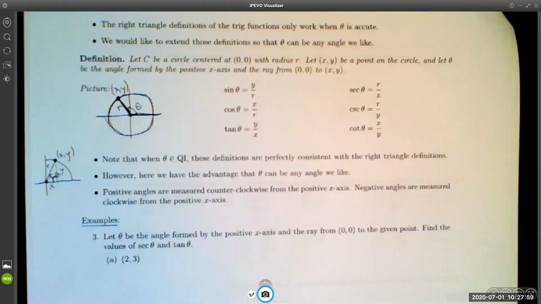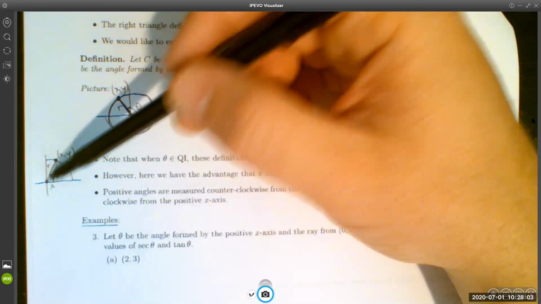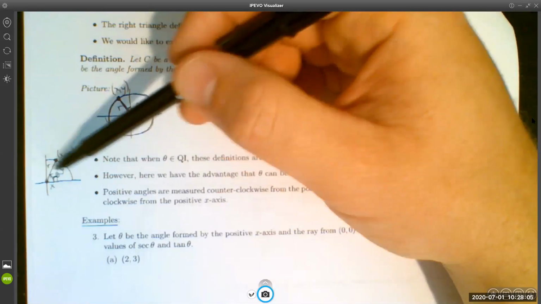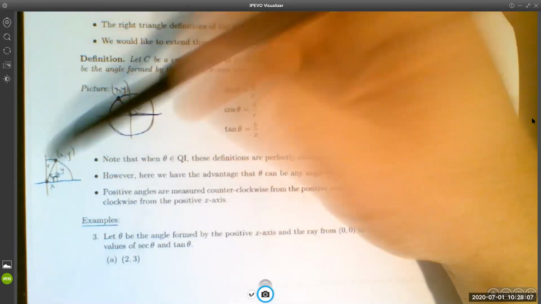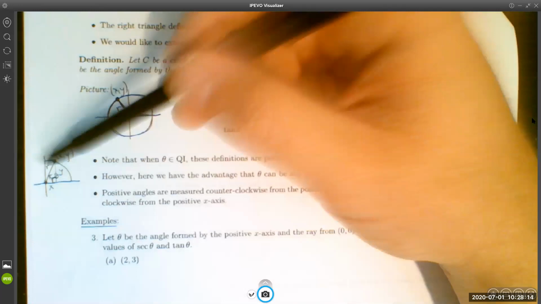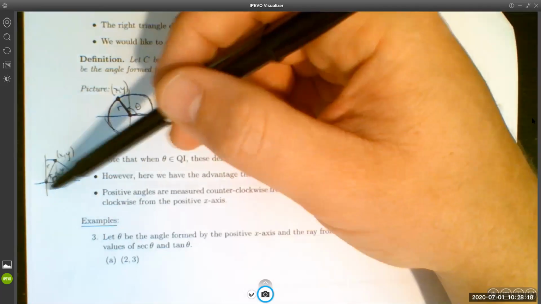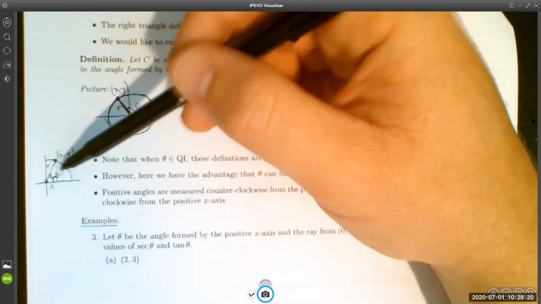And so then if you just use the right triangle definitions, you get sine theta is opposite over hypotenuse, y over r. Cosine theta is adjacent over hypotenuse, that's x over r. Tangent theta is opposite over adjacent, that's y over x, and so forth.